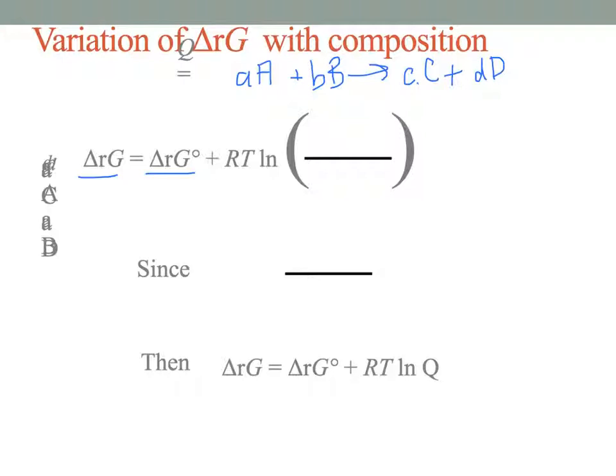Okay, if we have our generic form of writing the equation, we can now say that in this parenthesis we have RT natural log of the products raised to the power of their stoichiometric coefficient over the reactants raised to the power of their stoichiometric coefficient.